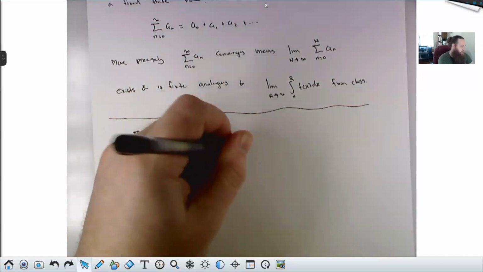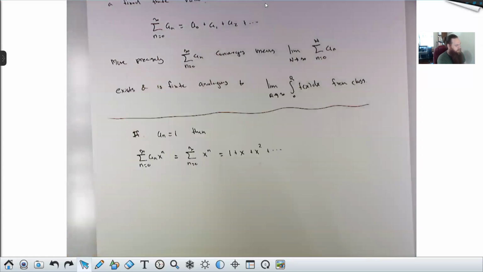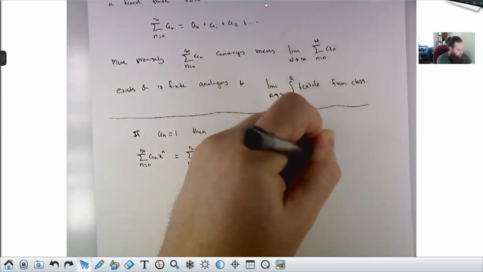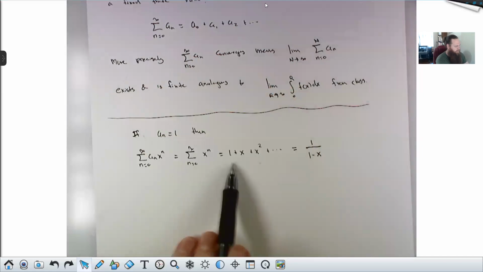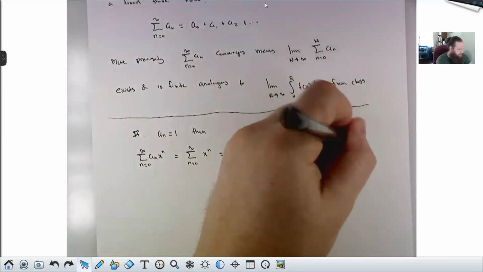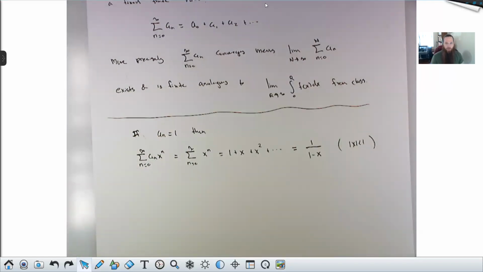This is 1 plus x plus x squared plus x cubed, and it goes on and on forever like that. This is a geometric series, and as long as the series converges, it will converge to 1 over 1 minus x. Geometric series: starting term over 1 minus the common ratio. But this is only true if x comes from the appropriate interval of convergence. In this case, that's the open interval from -1 to 1, or absolute value of x strictly less than 1.